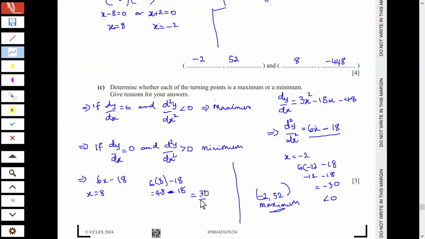This value is greater than 0, so we say the turning point at 8 and -448 will be regarded as a minimum.